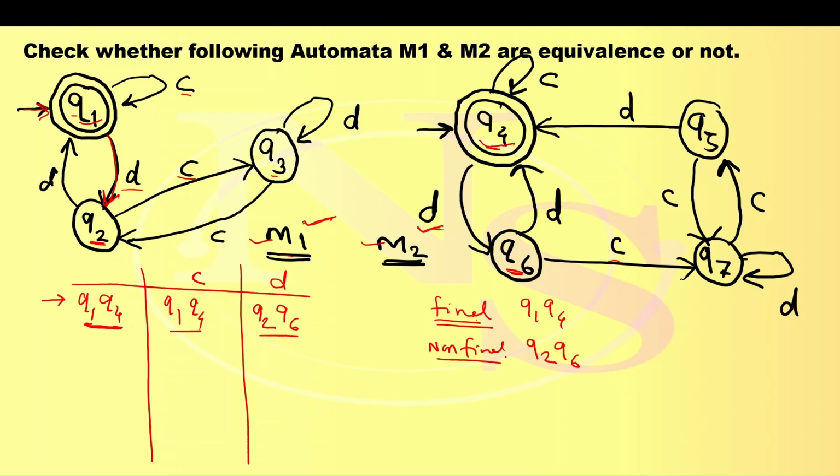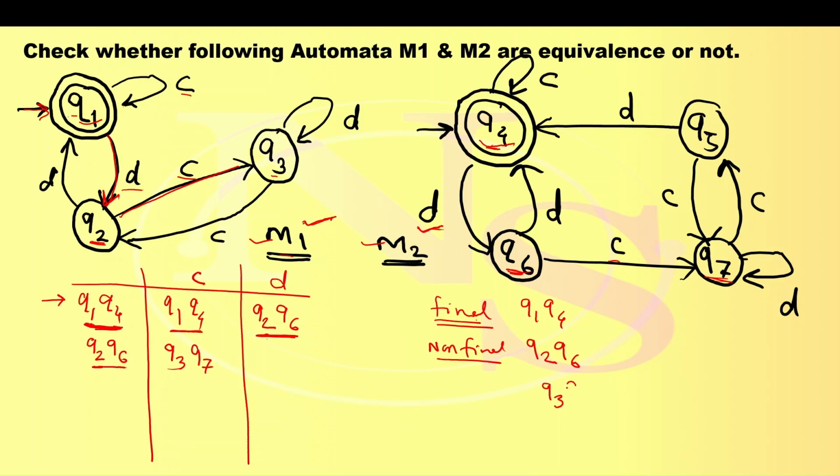What do we need to check more? Suppose on reading the inputs C and D, Q1 Q4 goes to some new set. Here Q1 Q4 is covered, but Q2 Q6 is new, so write down Q2 Q6. Again check the same process. Q2 on C goes to Q3, Q6 on C goes to Q7, so Q3 Q7.